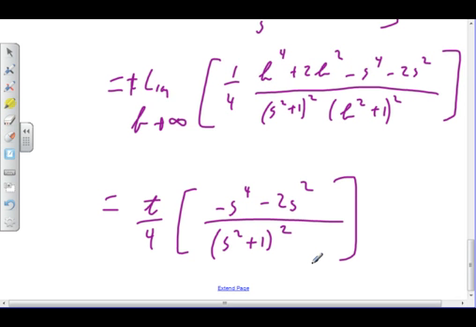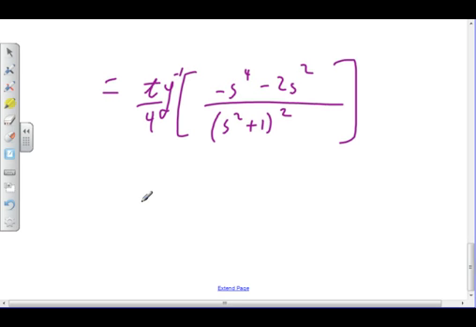Okay. Now I want to take an inverse Laplace transform of that guy. Okay.